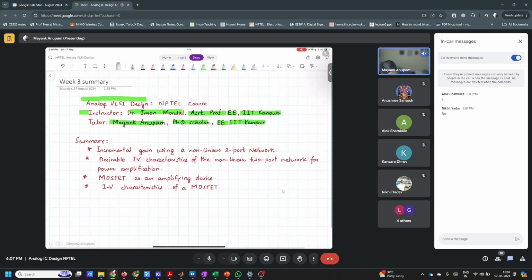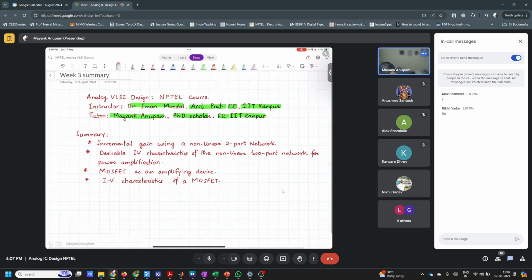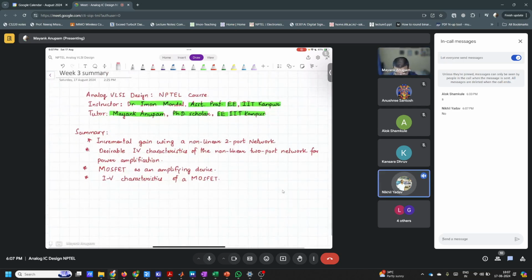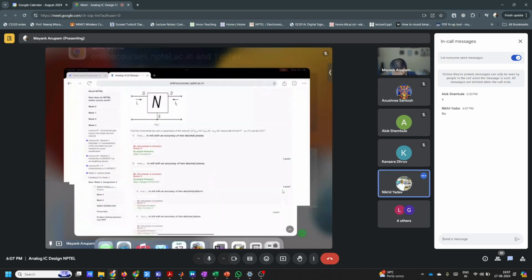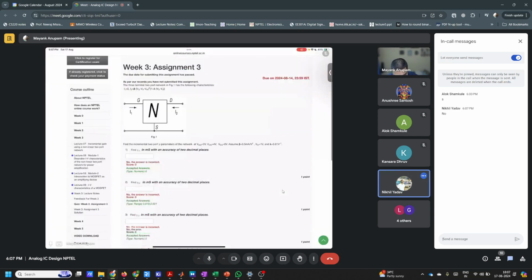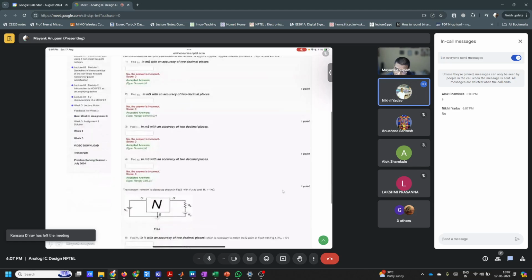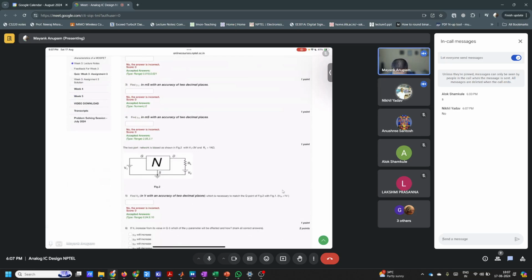Nikhil, you were asking something about some question. Yes, I was asking about the key actually. Tell me, what question is this? Week 3, fifth question. Let's see. What is the problem here?